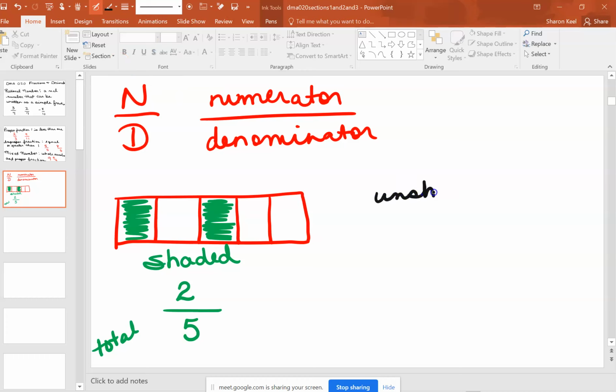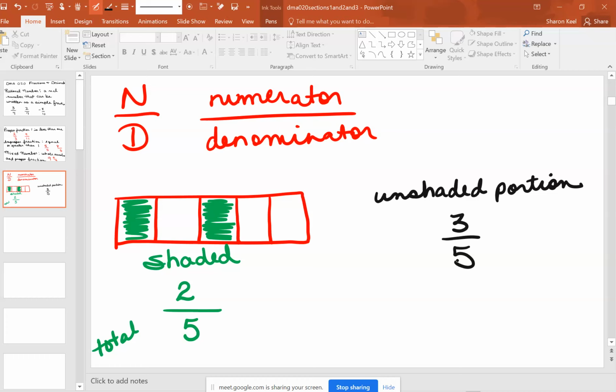If I asked you to represent the unshaded portion, I would count the pieces that are not shaded. 1, 2, 3. 3 pieces are not shaded out of a total of, it is still a total of 5 pieces. So when you write a fraction, the numerator is the part that they're asking you for, and they'll specify what they're asking.